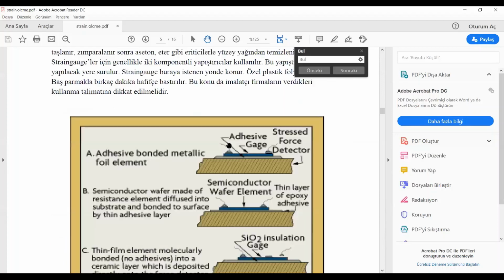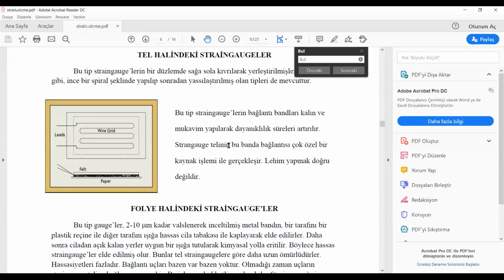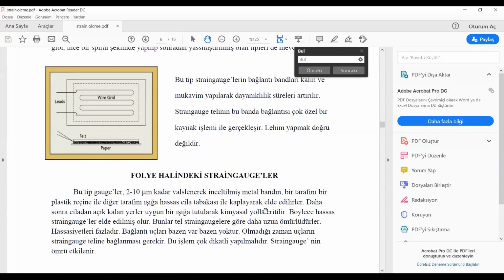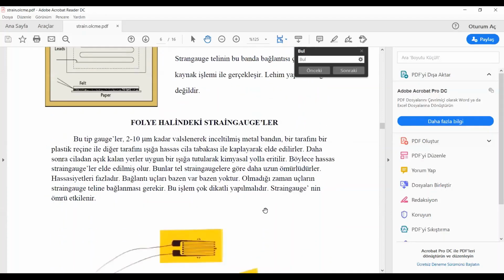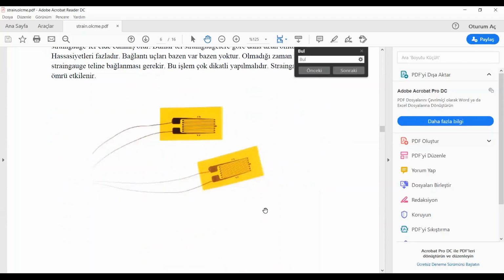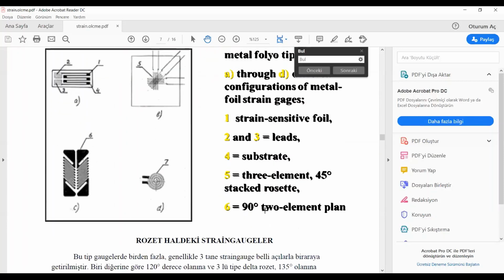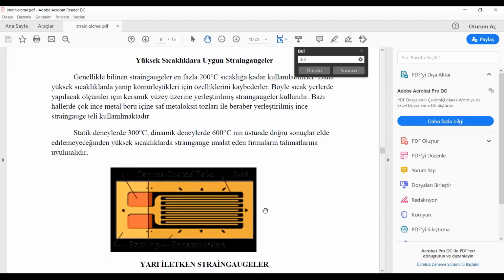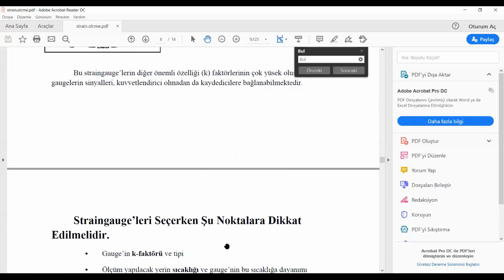Can you see it? Using this strain gauge, there is a tiny small resistance over there. When you change the resistance in strain gauges, you get a potential difference. From this potential difference, you can get the strain value. From the strain value, if you know the stress, then you can calculate the modulus of elasticity of the materials. Okay?